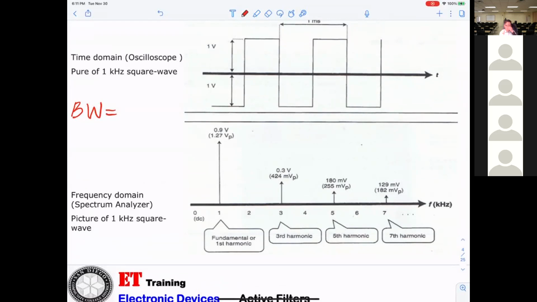Just the basic definition. Come on, tell me. Or you don't know. F2 minus F1, upper minus lower.